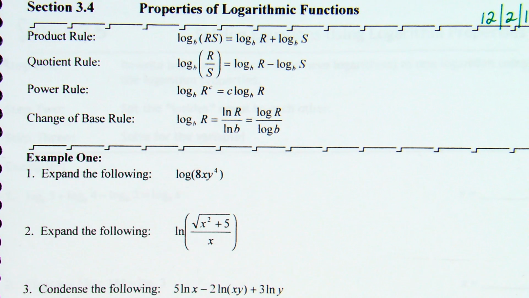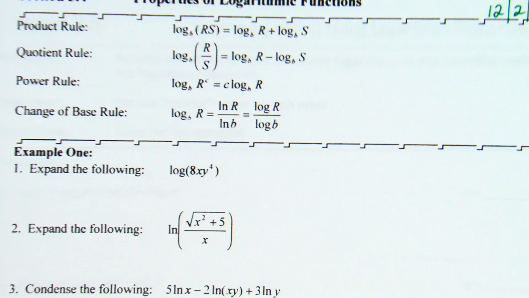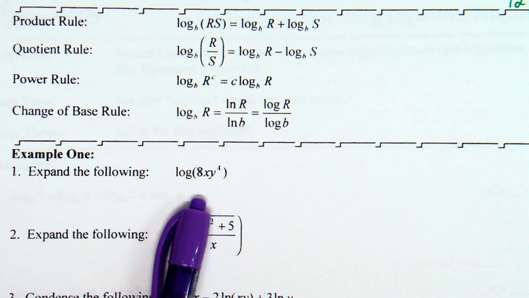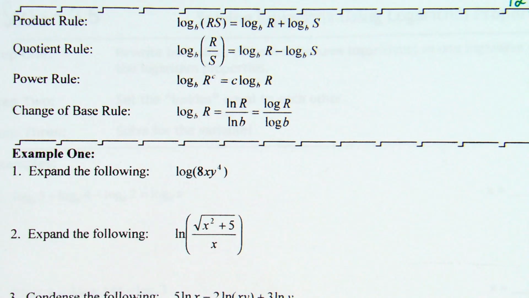Thoughts on how I could do this? What property can I use to expand this first and foremost? Product rule? Because how many things are being multiplied together here? There's 3, yes? There's an 8, there's an x, and y to the 4th. So let's start by breaking it apart into 3 logs.